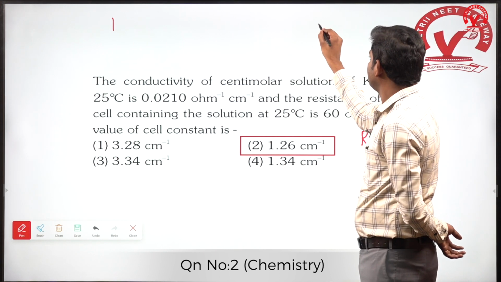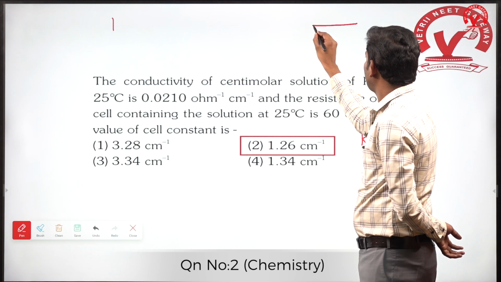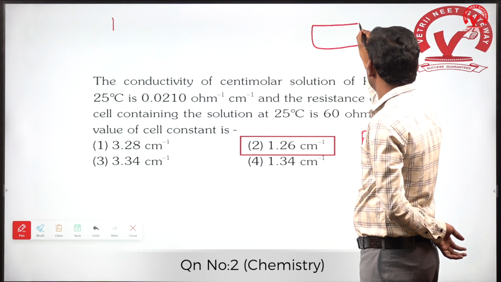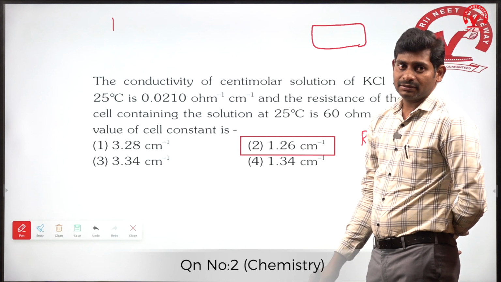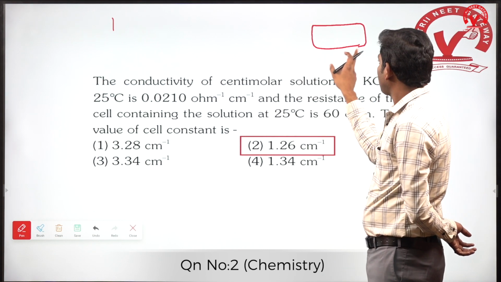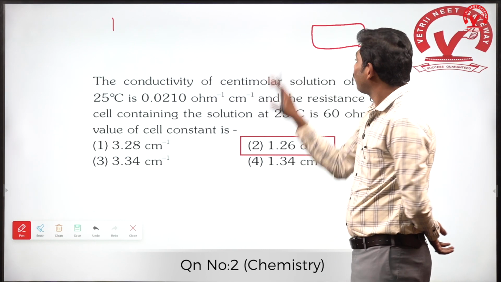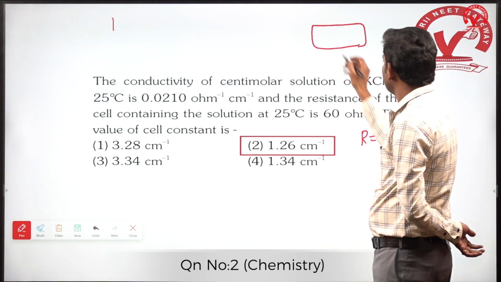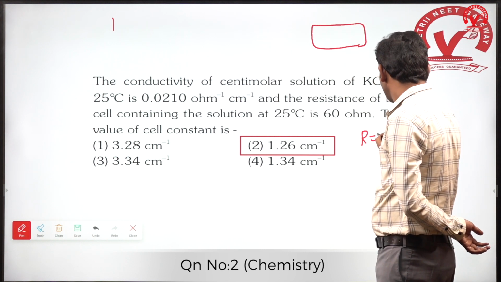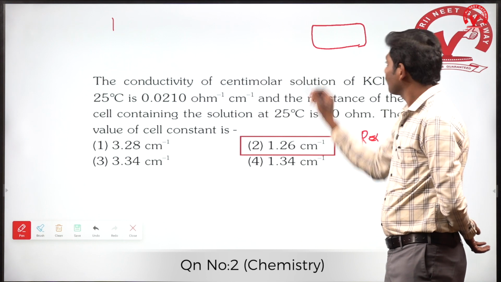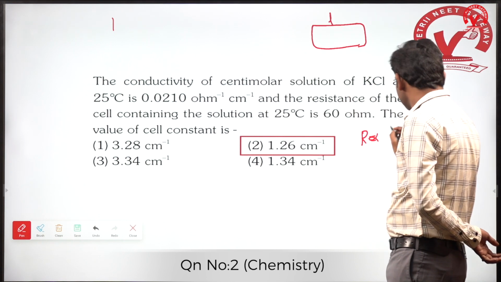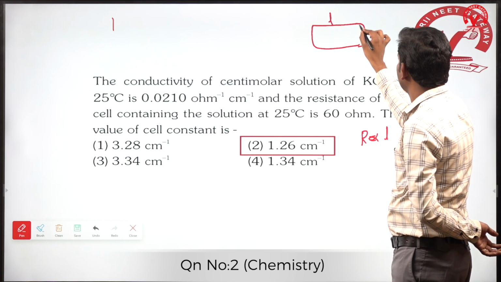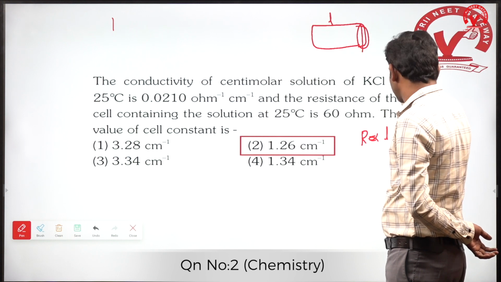So resistance is the property of a substance to obstruct the flow of electric current. That is called resistance. Resistance is directly proportional to length and inversely proportional to area of cross section.